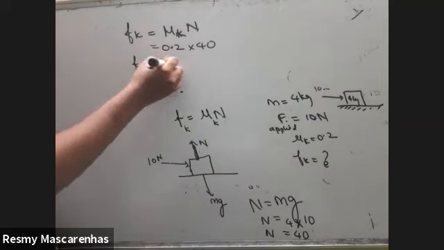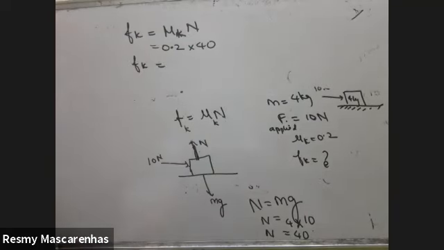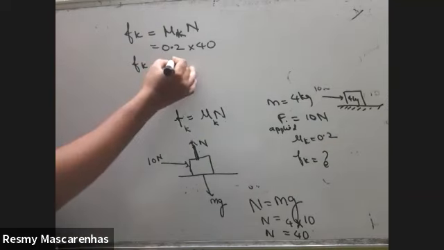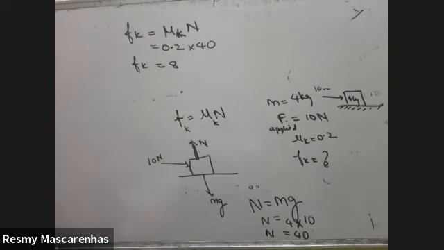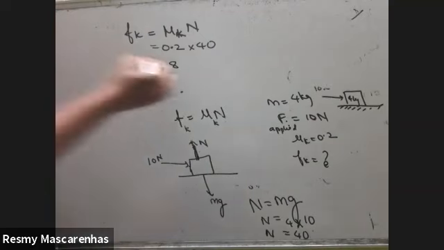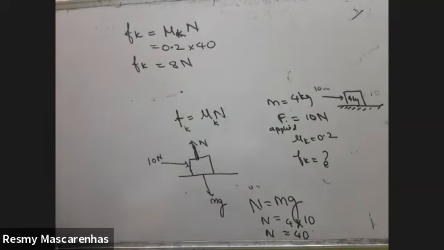So kinetic friction is 0.2 into 40, which gives you 8. And the unit is always Newton, because it's a force. So we got the answer: kinetic friction is 8 Newton.